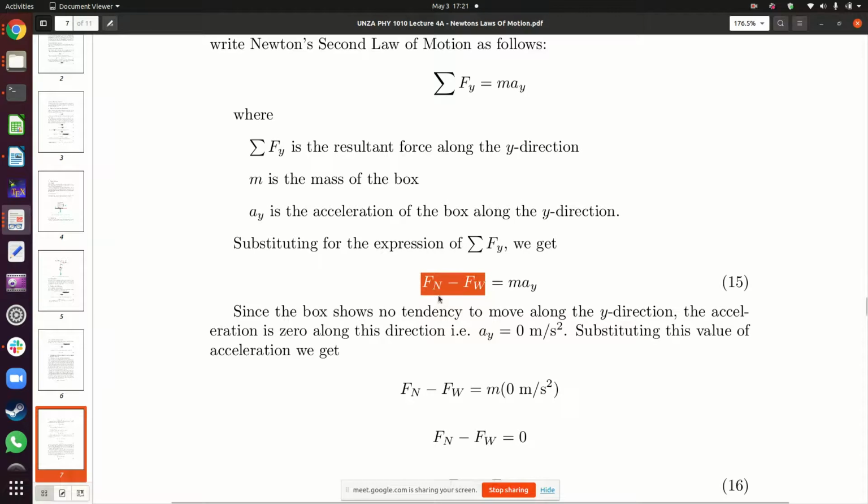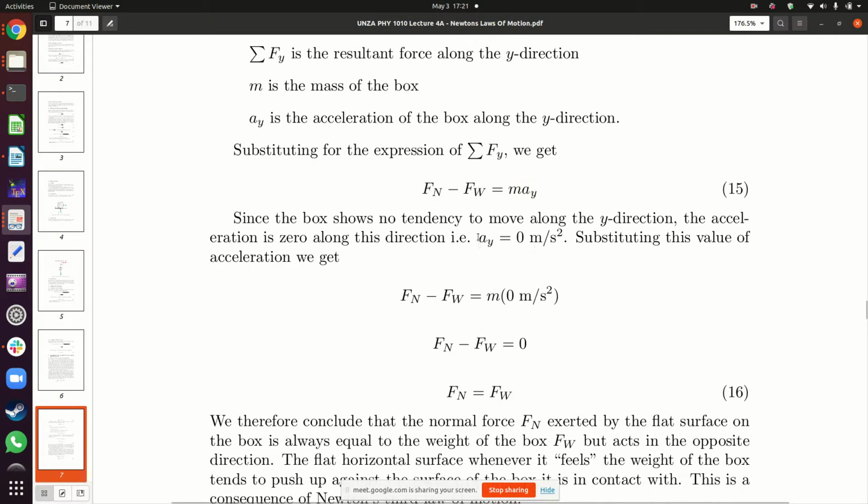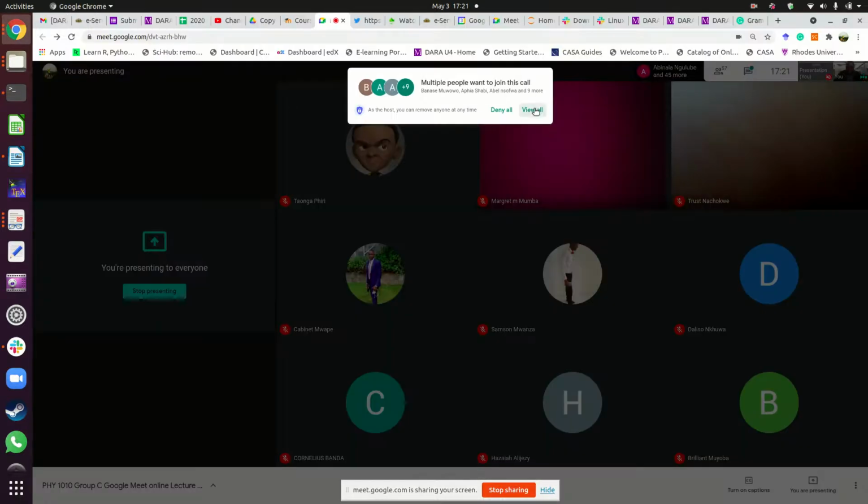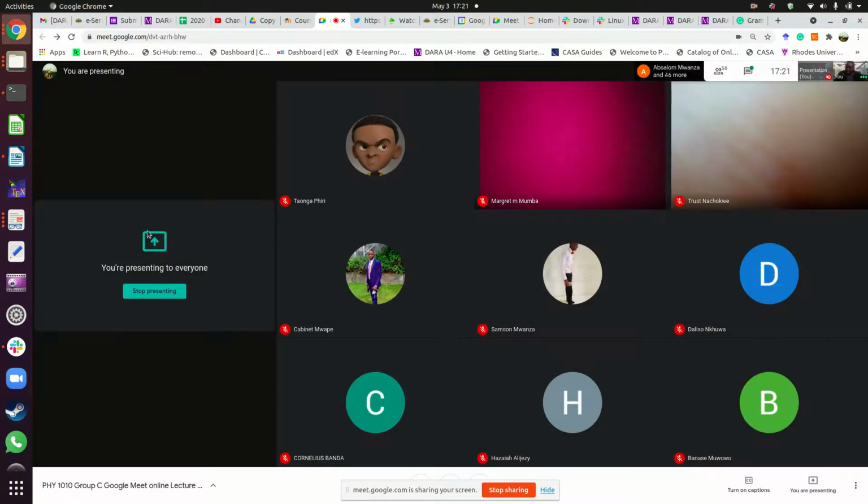So in place of the summation of the forces, we put the expression of the resultant force, which is Fn minus Fw, equals the mass multiplied by the acceleration in the y direction. The acceleration in the y direction is equal to 0 meters per second squared, since there is no change in position of the box along the y direction. So we end up having Fn minus Fw equals the mass of the box multiplied by 0 meters per second squared.